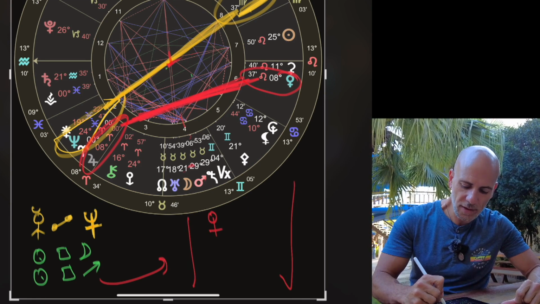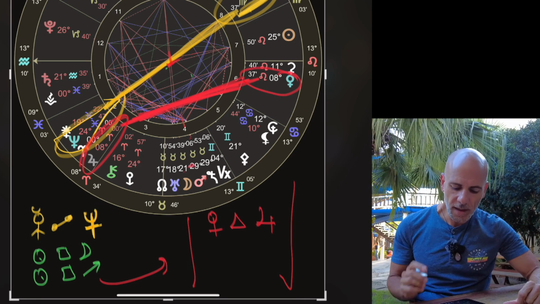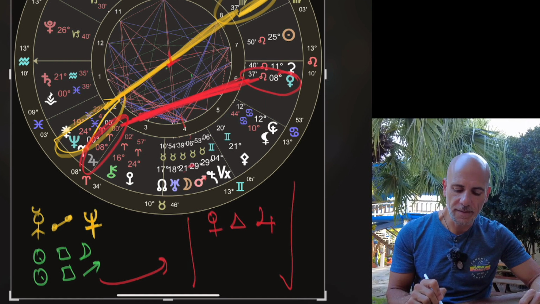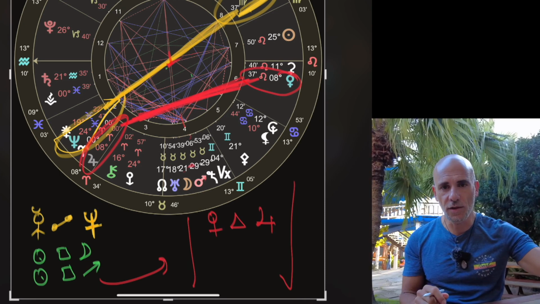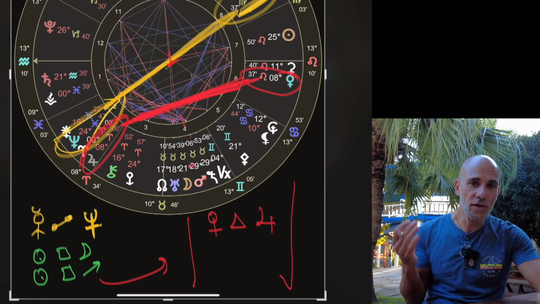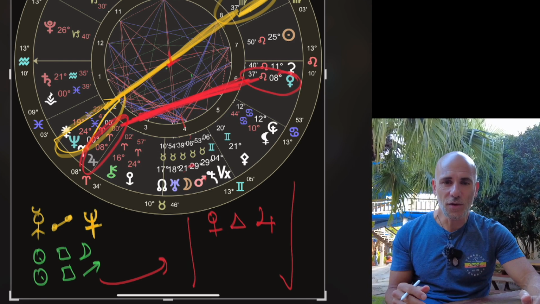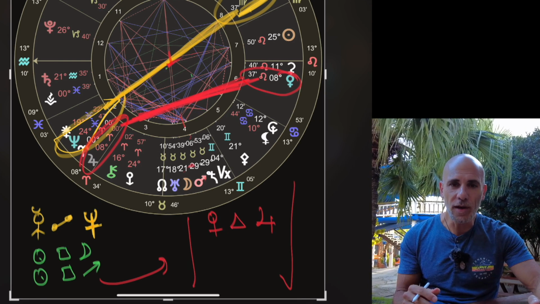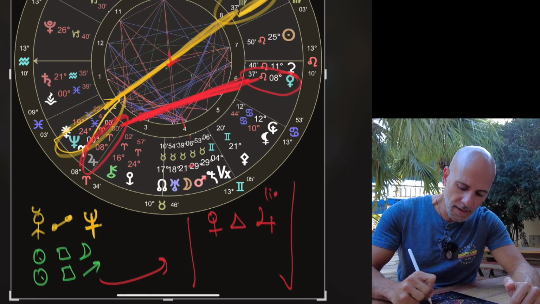So Venus is trining Jupiter. This is very positive. Now Jupiter, because in ancient astrology it is the ruler of Pisces, even though in Western astrology we consider it related to truth and to expansion, could also belong to lies.